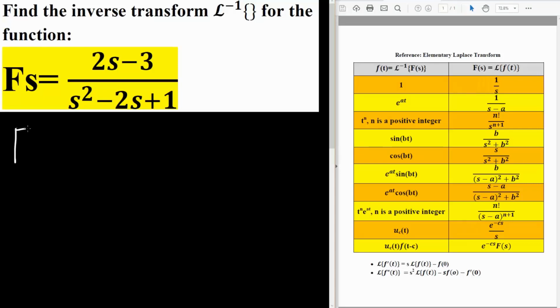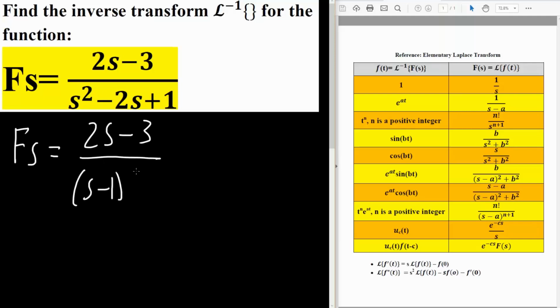If we say F(s) is equal to (2s minus 3) divided by, we can factor the denominator as (s minus 1) times (s minus 1). And further, we can break down the numerator into something similar to s minus 1.